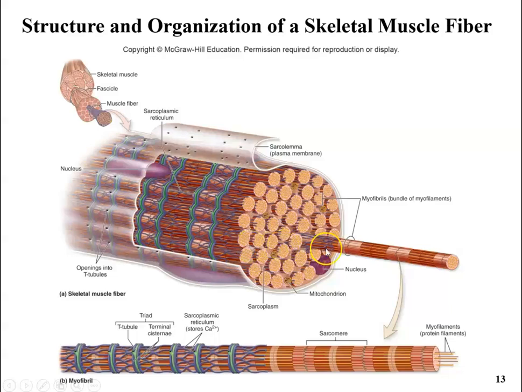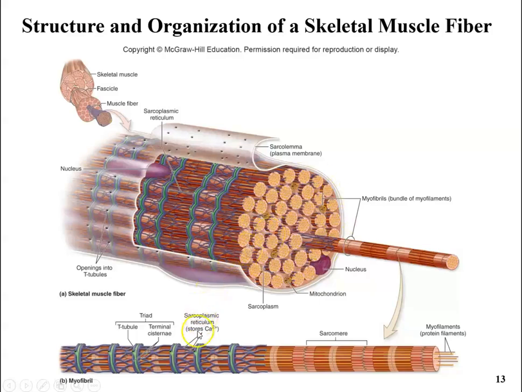These are myofibrils. So if we took a myofibril out and looked at it, we would see that it's a bundle of myofilaments. So here are the myofilaments right here, the protein molecules themselves. And they're going to make up functional units called sarcomeres. And all of these are going to be packed tightly into this muscle cell.